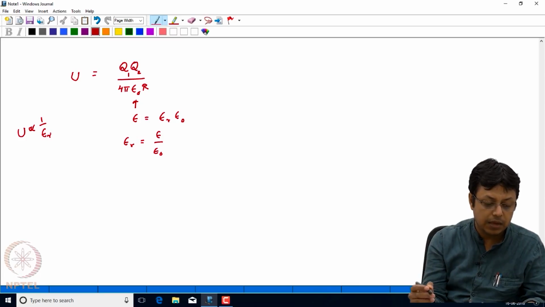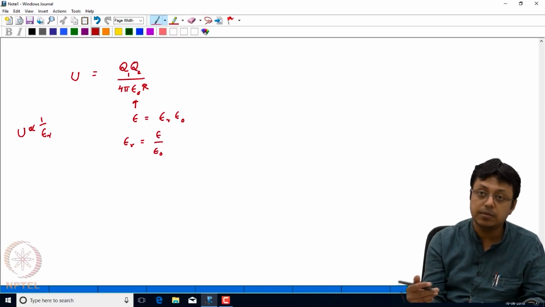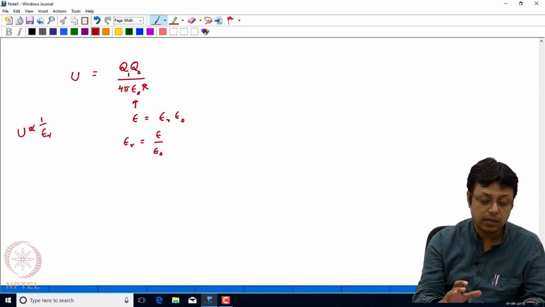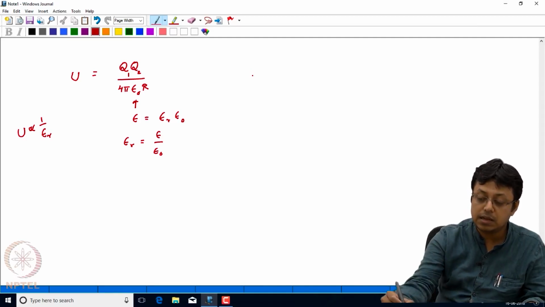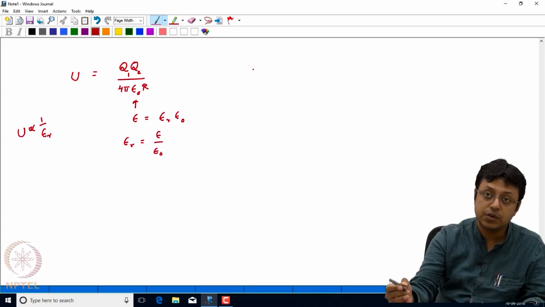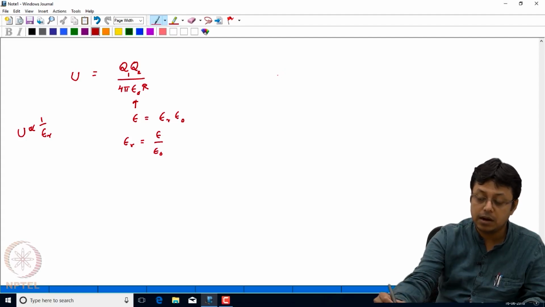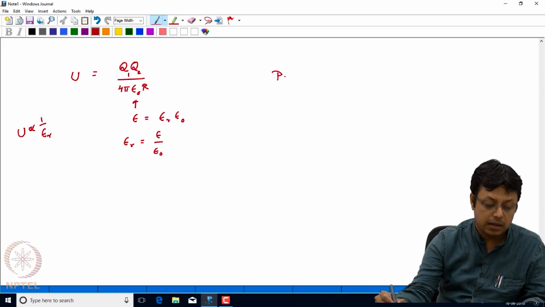And then we can get an equation relating the macroscopic dipole moment to the dielectric constant, because whatever we derived so far for the macroscopic dipole moment comes from the molecular dipole moment. But now the question is, if the interaction goes as 1 over epsilon R, how will the macroscopic polarization go?